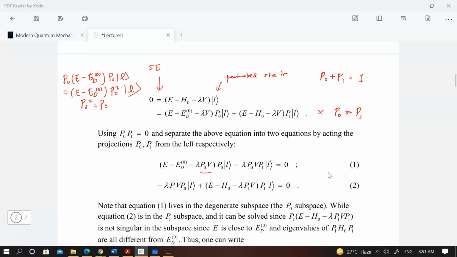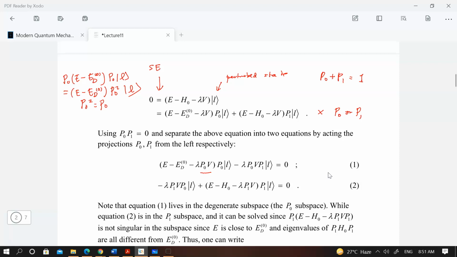So you have this from this term, and then we have another one from here, where you should be multiplying P naught on this term. P naught will commute with H naught, because it's just a projection operator in that case. But when it comes to here, it will not commute, because you have your perturbing potential.